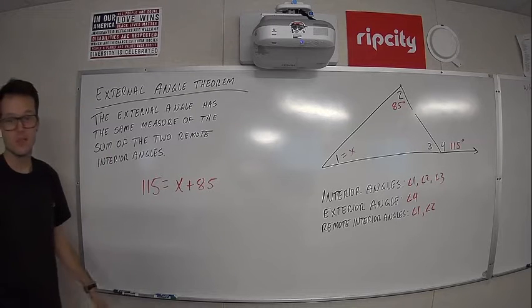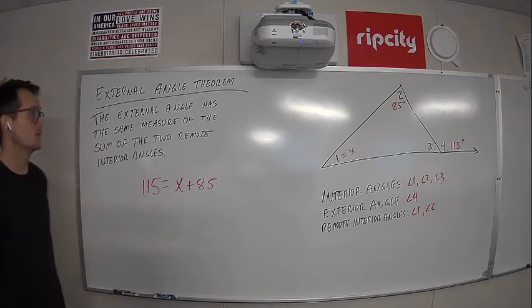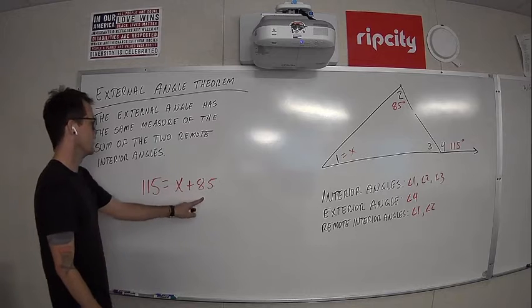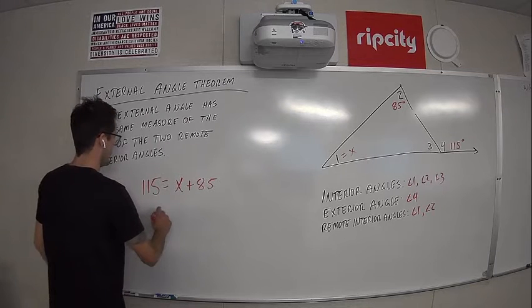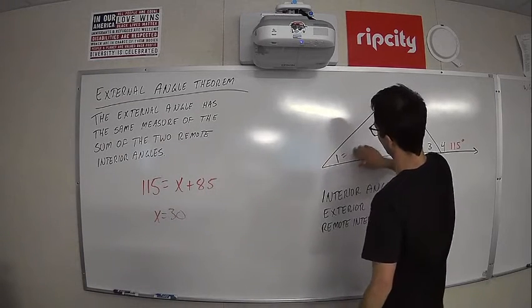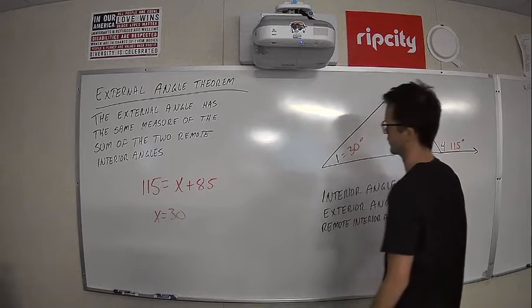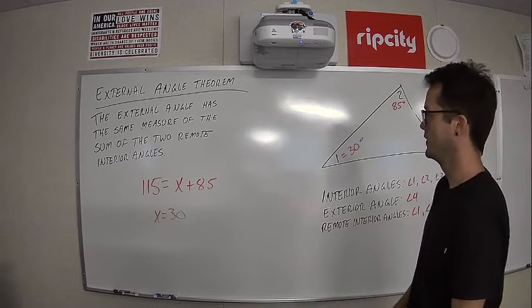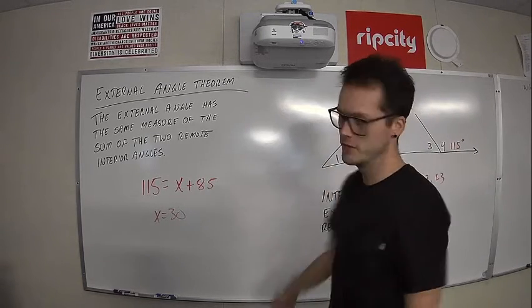Now we can solve for x, and then we get our angle measure for number 1. So I'm subtracting 85 from both sides, and I learned that x equals 30. So in this case, angle number 1 is no longer x, but it is 30 degrees. External angle theorem, that's what it is. Here's how it works.